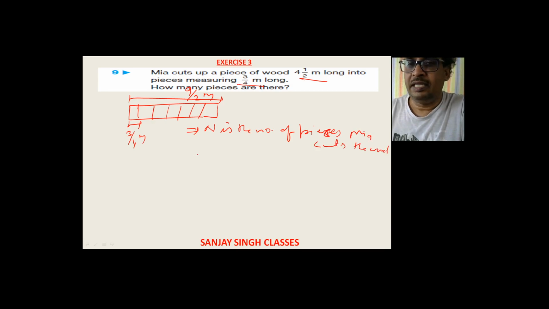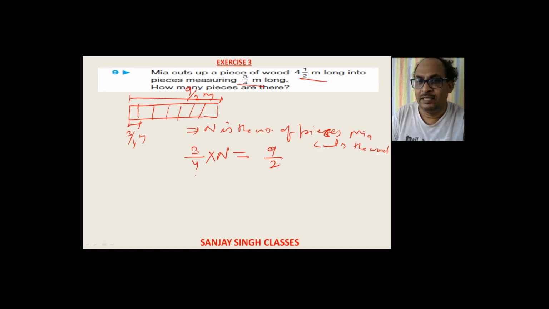Then in this case, each piece will have a length of 3 by 4 meter, and if we multiply it with n, it will cover the complete length of this wood. So it is 9 by 2. Now if we want to solve it, we need to divide both sides by 3 by 4. Why? Because 3 by 4 from this side we need to remove, then only we will get n.